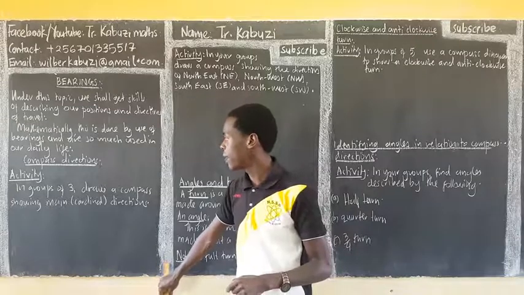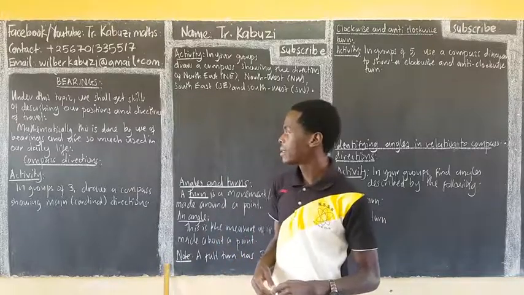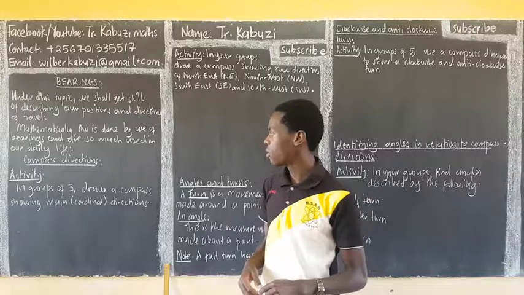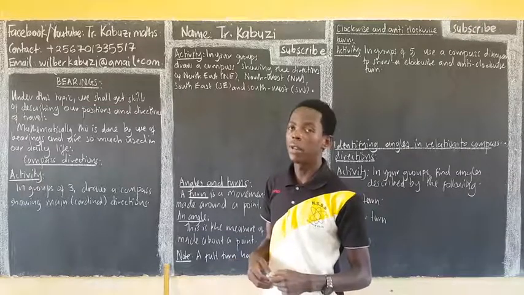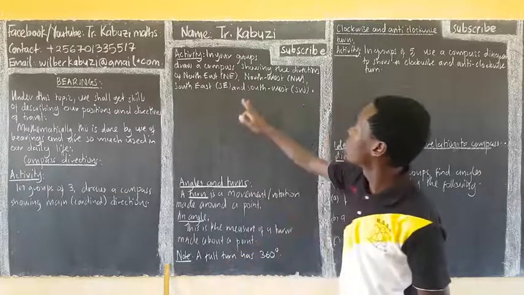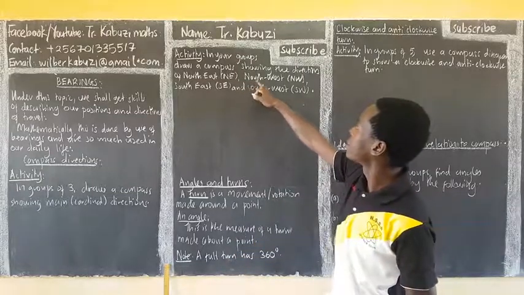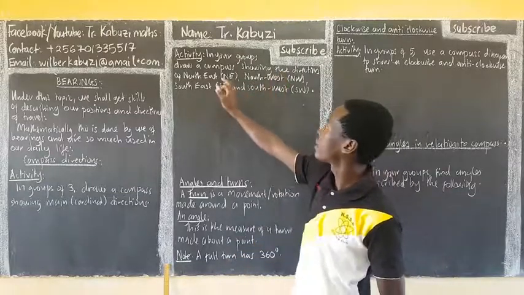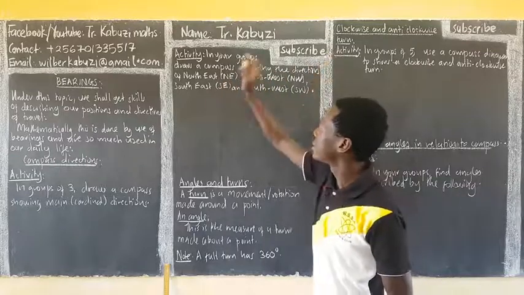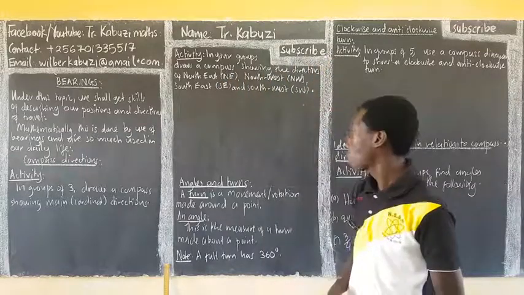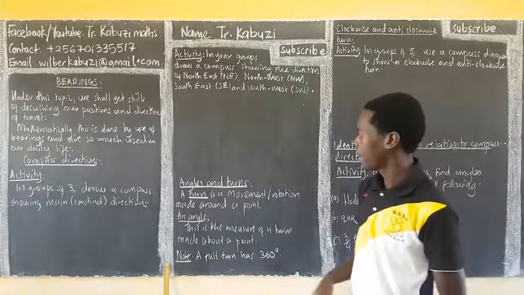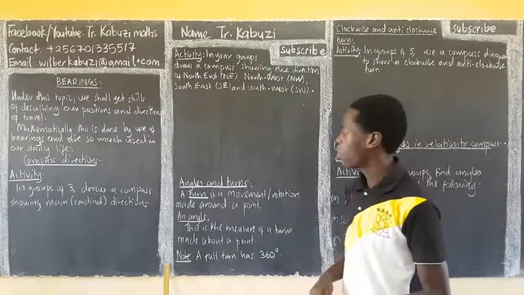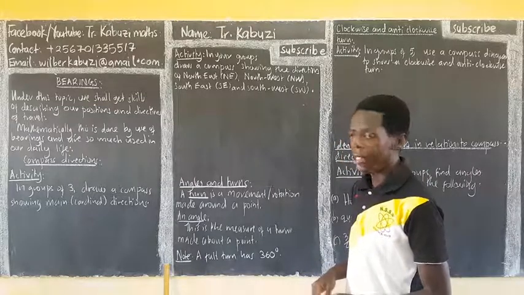So in groups of 3, draw a compass showing the main, or in brackets we call them cardinal directions. Then still in your groups, draw a compass showing the directions northeast, northwest, southeast, southwest.